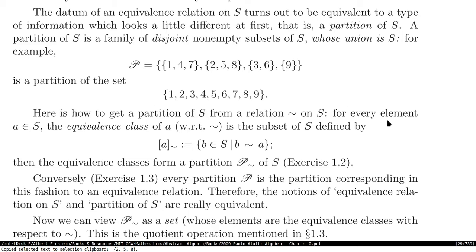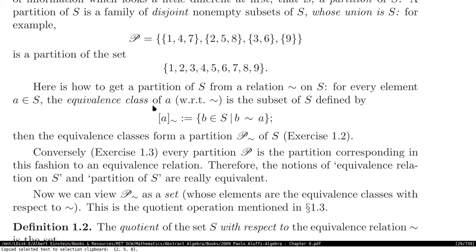For every element A, as we just talked about, the equivalence class of A with respect to this relation is the subset containing all the B's which are identifiable with A, all the partners of A in a sense for this relation.